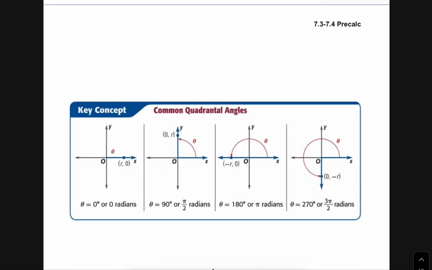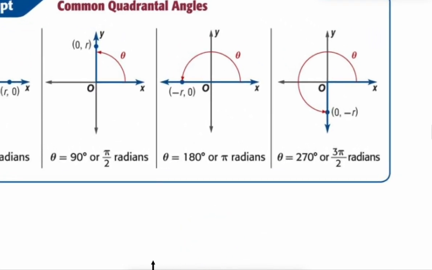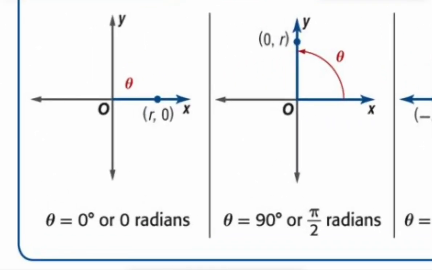Okay. So now let's talk about quadrantal angles. Number 4 from the problem that you had seen on the homework landed on a quadrant. That's what we consider a quadrantal angle, okay? And what's really cool is, let's go down the list. If we start at 0, you're always on a point (r, 0).